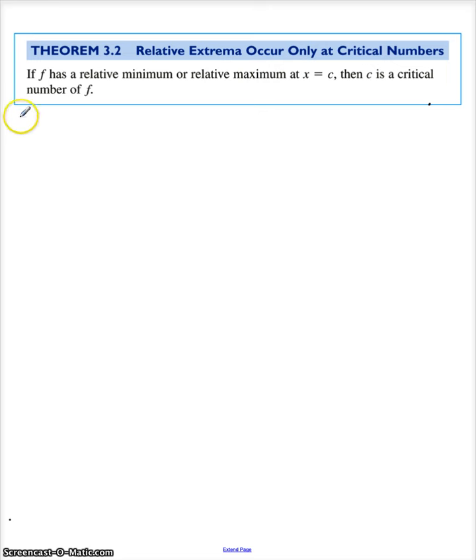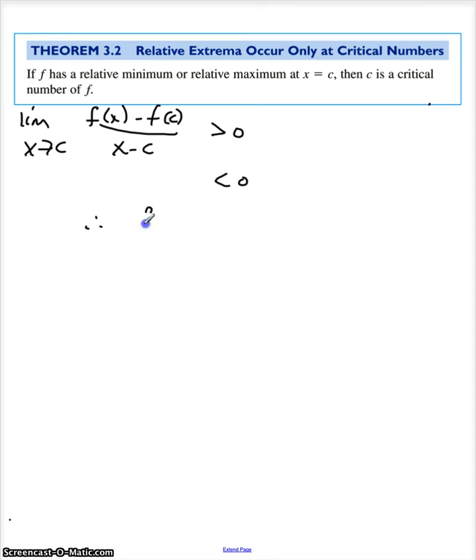But basically, you have to show that the limit as x approaches c of f of x minus f of c over x minus c is 0. And this is one of the proofs where you show it by contradiction. So basically, you show that it cannot be true when x is positive. You show it cannot be true when x is negative. Therefore, you wind up with it having to equal 0.